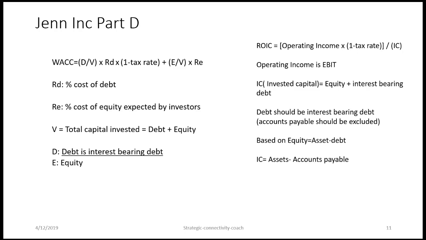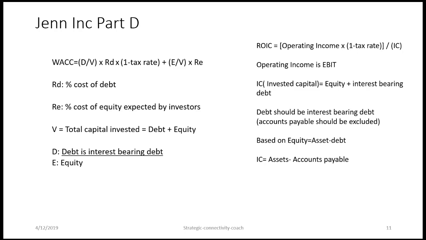Now, if you apply basic accounting 101, where assets equal equity plus debt, or equity equals assets minus debt, the invested capital mathematically becomes assets minus accounts payable. You don't have to go through the math, but you should be aware that invested capital is basically assets, but we take out the accounts payable that is on the other side of the balance sheet.